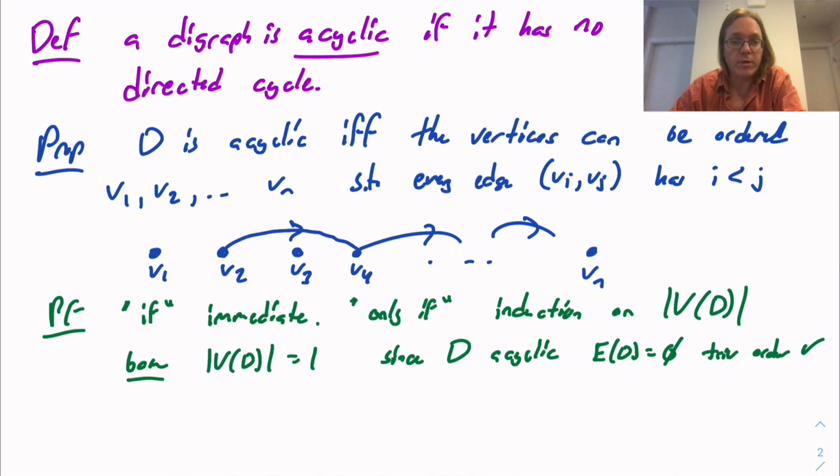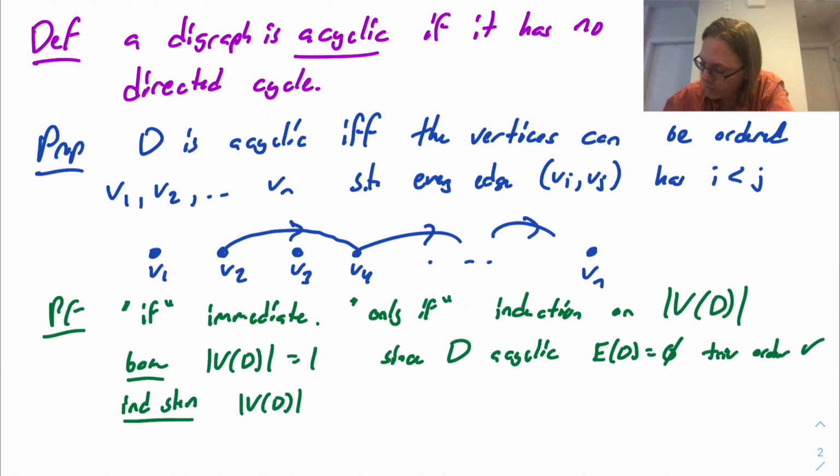Now, for the inductive step, we have a graph with at least two vertices. So I know that the number of vertices of D is at least 2, and I know that this statement holds true by induction: for any acyclic graph with fewer than n vertices, we are going to have this property.